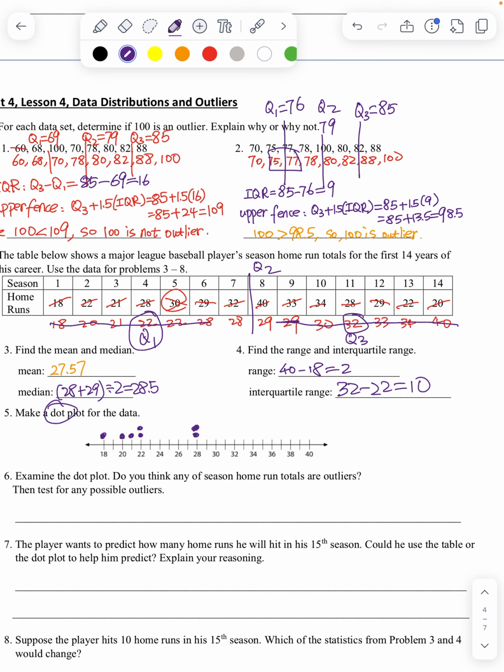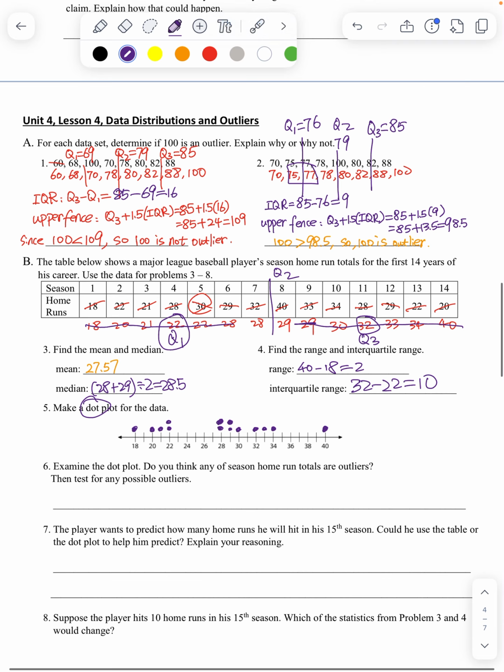Okay, 28, then 29. There's two 29s, like this. And then 30, 32, 33, 34, and then 40. Yeah, that's it.